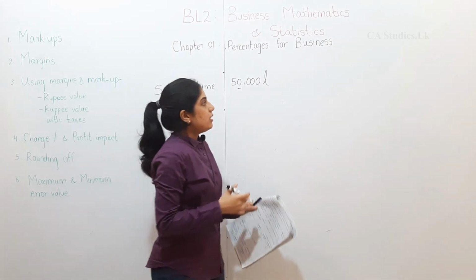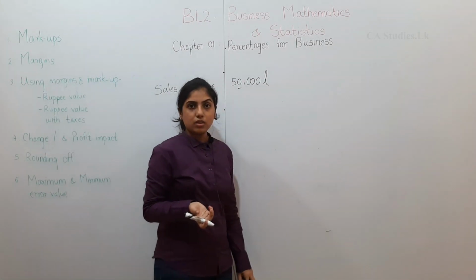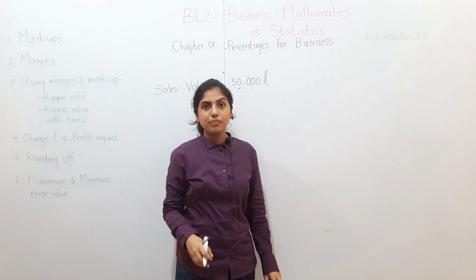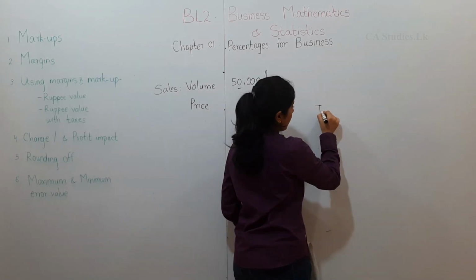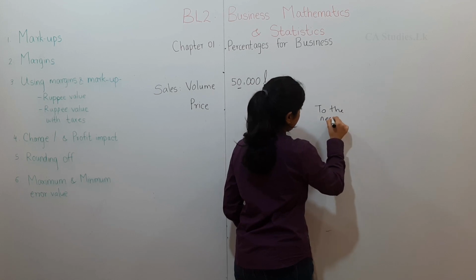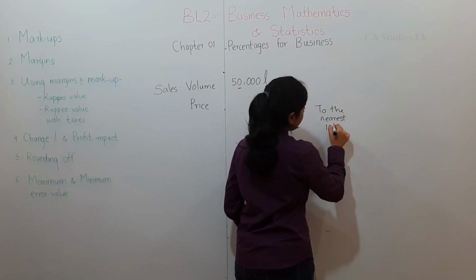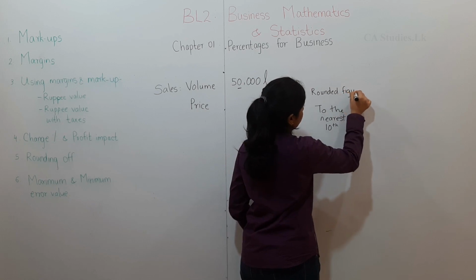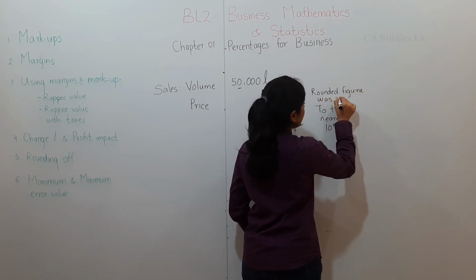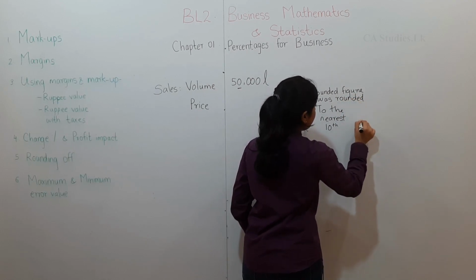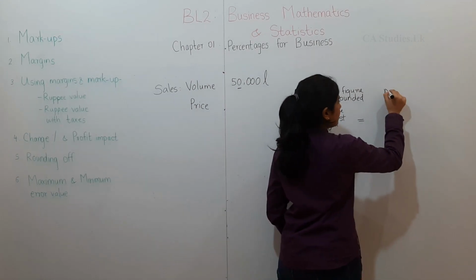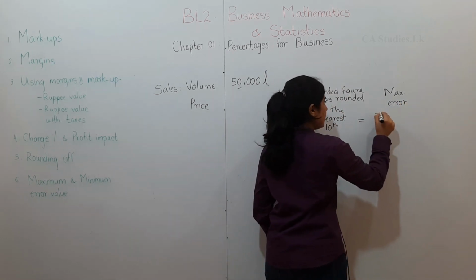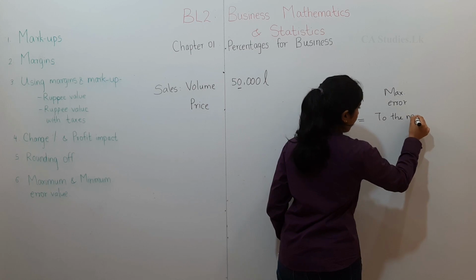That is, if they ask for the error of a figure that was already rounded off to the nearest tenth, then you have to give your maximum error to the nearest rupee, one below.